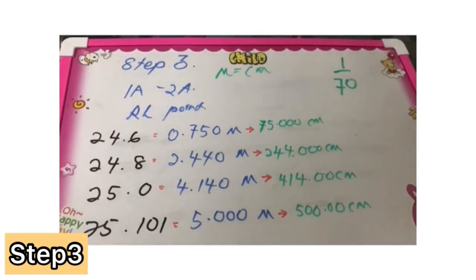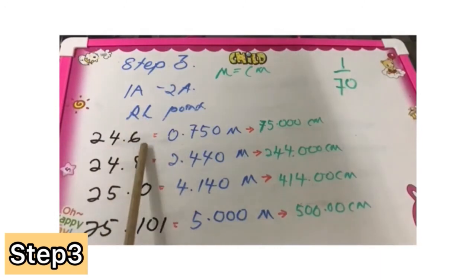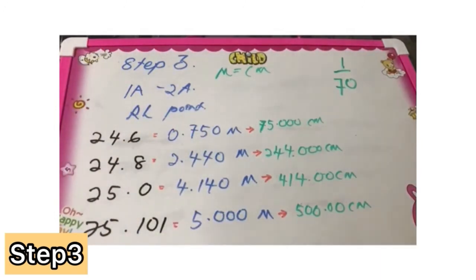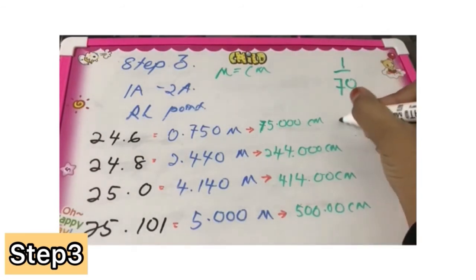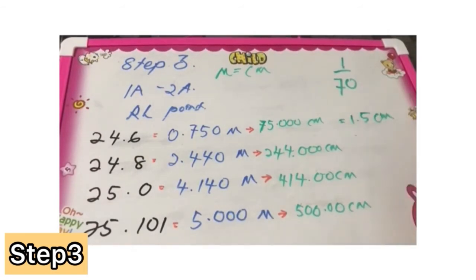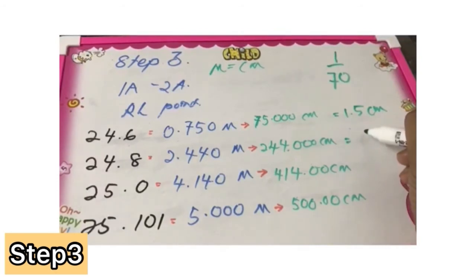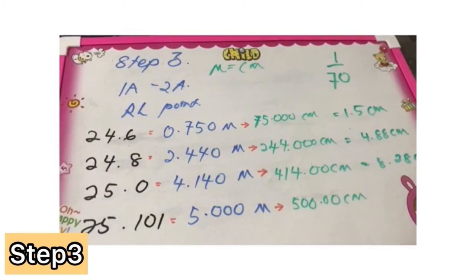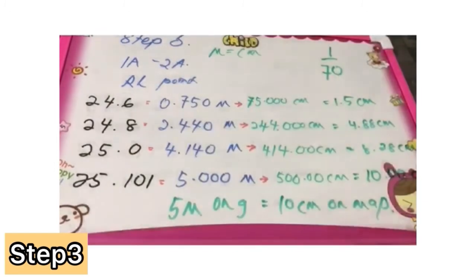And we get the answer for RL point 24.6 is 1.5 cm, and the second point is 4.88 cm, 8.28 cm, and lastly 10.00 cm on map.